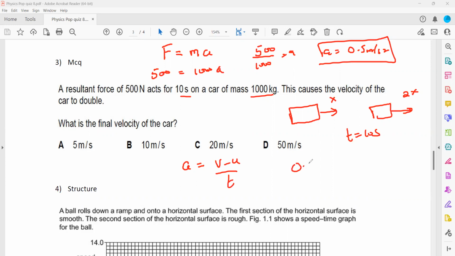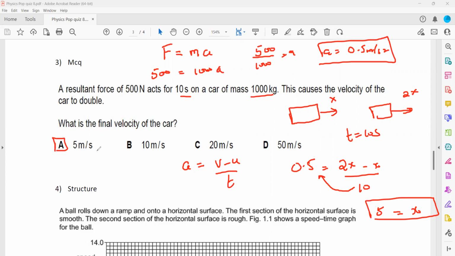The acceleration we already calculated, which is 0.5. The final velocity is 2x, the initial velocity is x, and the time interval is 10. 10 is divided, so on the other side it will be multiplied. So it will be 5, because 0.5 times 10 equals 5. And 2x minus x equals x. So x equals 5 meters per second. So option A will be the right answer.